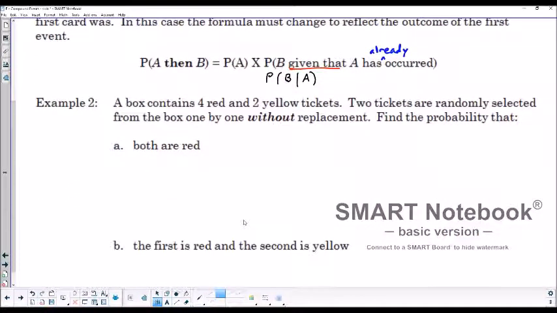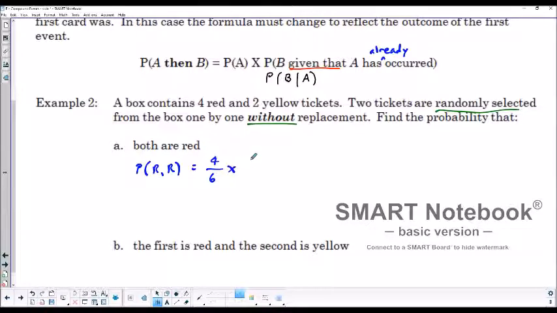Okay, so from a box that contains 4 red tickets and 2 yellow tickets, 2 tickets are randomly selected, one by one, without replacement. So we're not putting them back in the box. Thus, the total number of tickets when you pull out the second one has changed. If both are red, when we first pull out a ticket, there are 4 red tickets out of a possible 6.